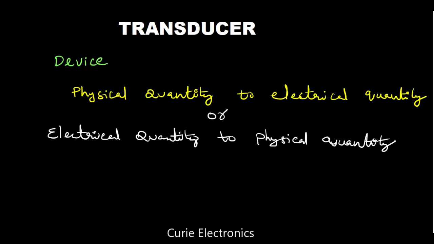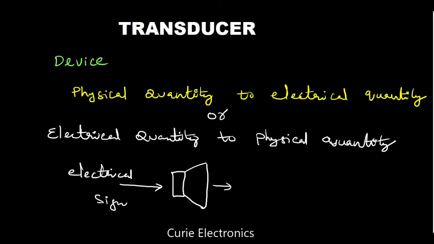What about electrical quantity to physical quantity? See, how the speaker works. We have a speaker. Input to the speaker is what? It's an electrical signal. And what we get as output?